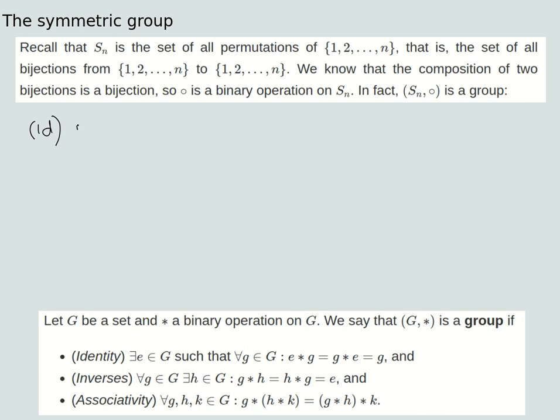So if we take ID, I think that's what we called it in the first part of our course, the identity permutation, which was defined to be the permutation which does nothing. So the identity applied to a number i is just i again.